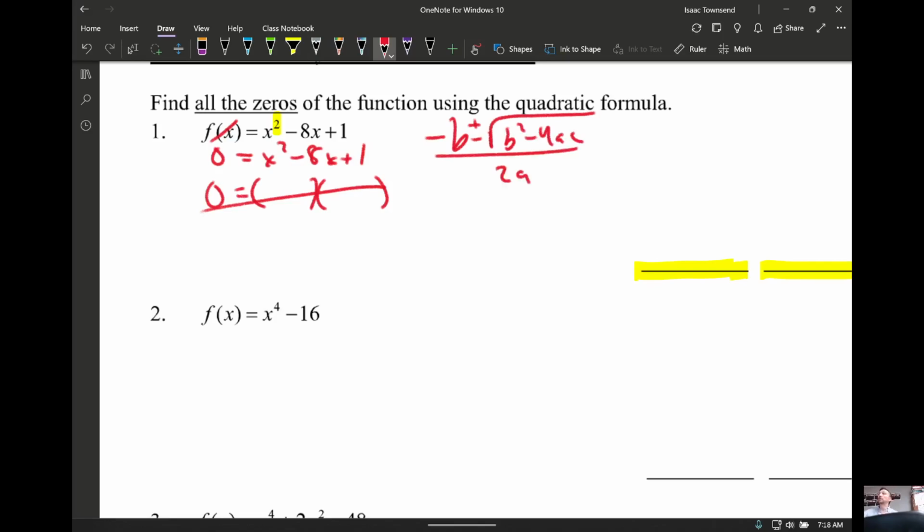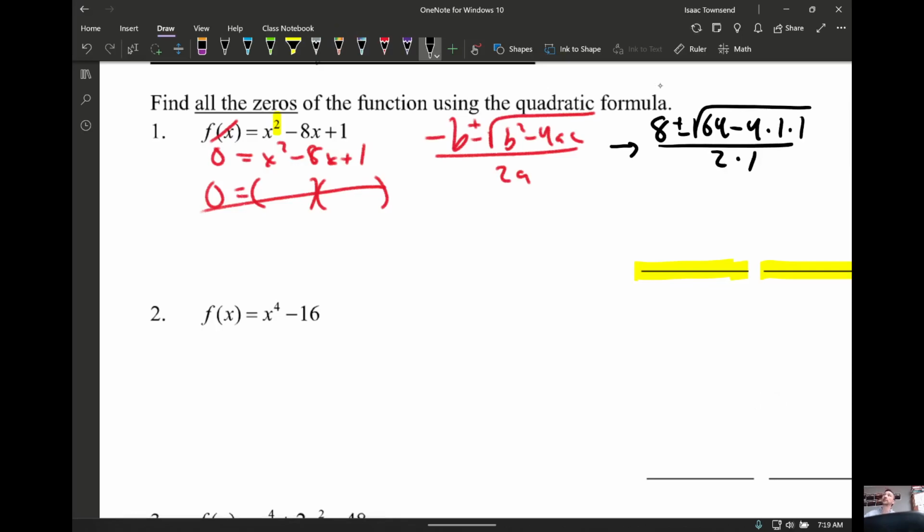So again, I'm not going to spend too long on this because we've done it recently, but you need to know the quadratic formula. You need to know that b is -8. So -8 becomes a +8, plus or minus b squared minus 4. You need to know that a is 1 and c is 1.